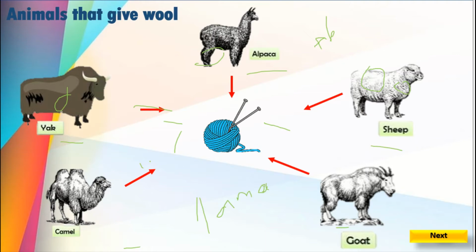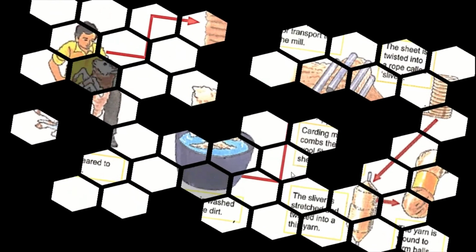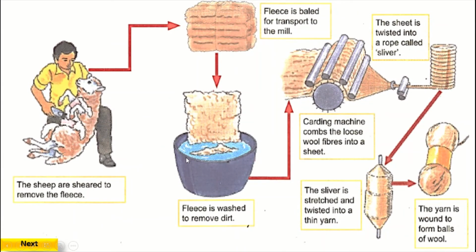So let us see how they are processed, right? They are processed in this way. The sheep are sheared to remove the fleece, right? Let me explain clearly.